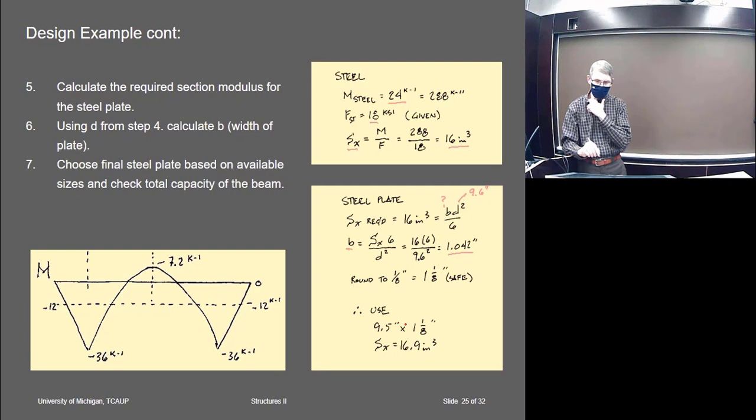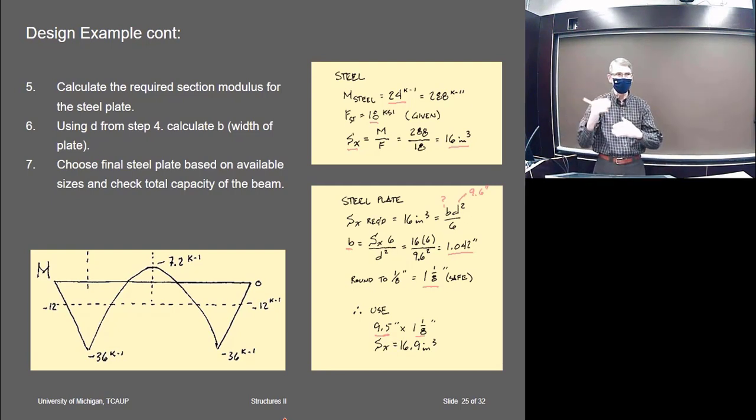Realizing that I'm going to actually have to purchase this plate from stock, I guess you can get a plate that's 1 1/8. So I rounded it up to 1 1/8, it would be 1.125. And when I did that, I recalculated the section modulus using 1 1/8 and found that I could get away with 9.5.